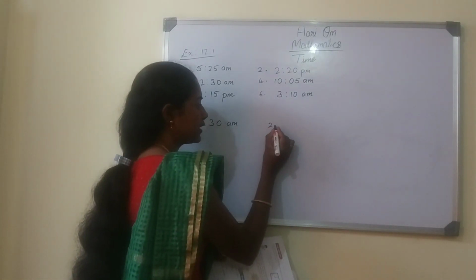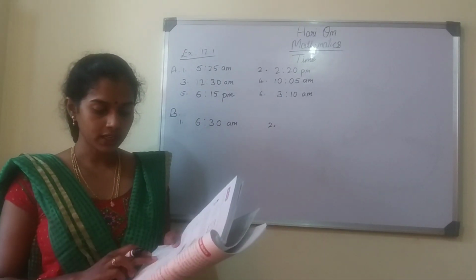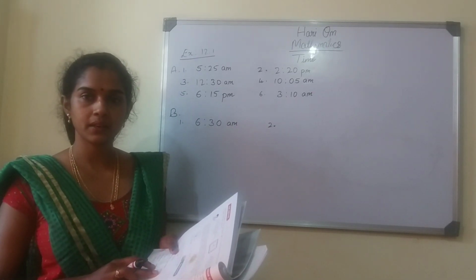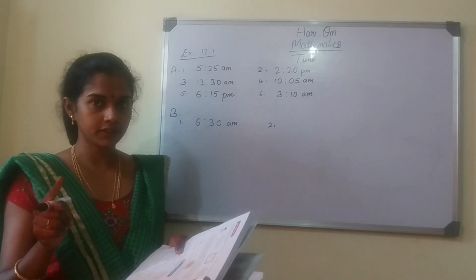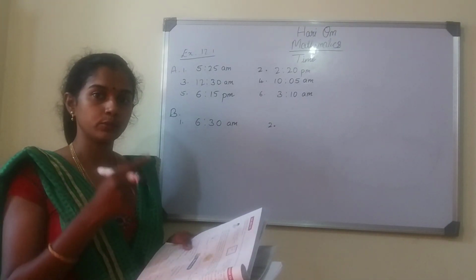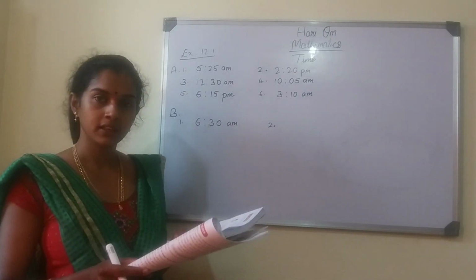And look at the second one. 1 o'clock PM. 1 o'clock PM is afternoon. So before 1 o'clock it will be 12 o'clock.